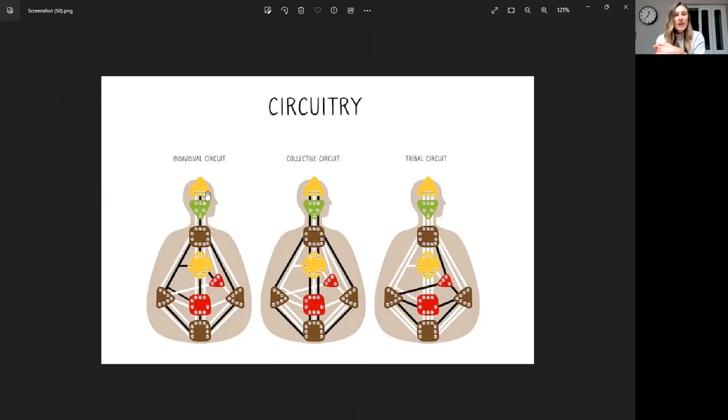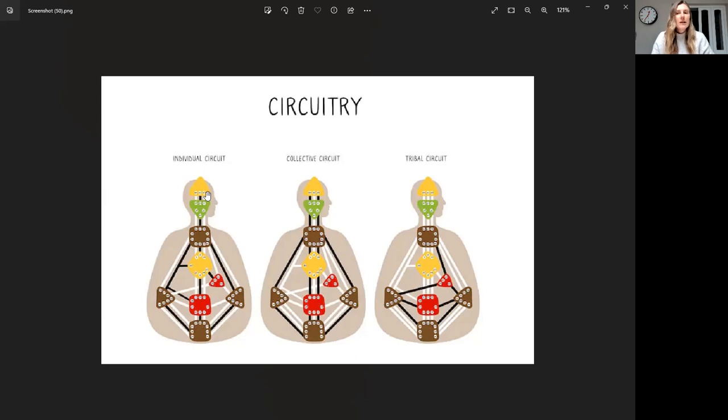Okay, which kind of throws out of the window when we talk about always talking about the other person, because individual circuitry lends itself to you talking about you, about your experiences in order to empower other people. Okay, so the word here for the individual circuit is empower. You're here to empower.